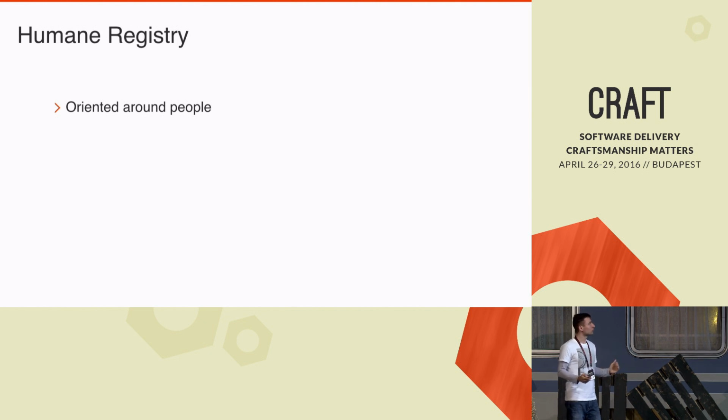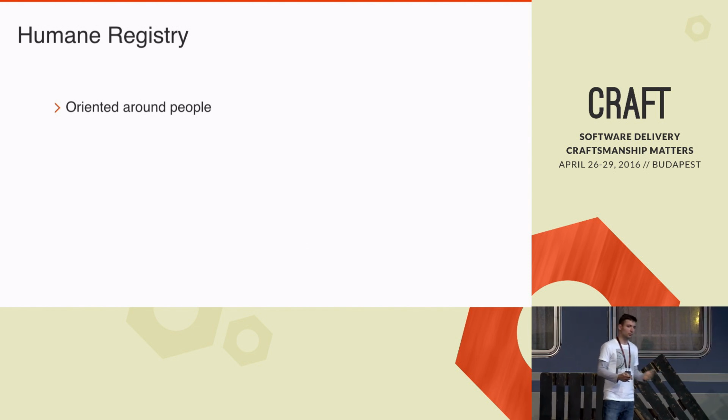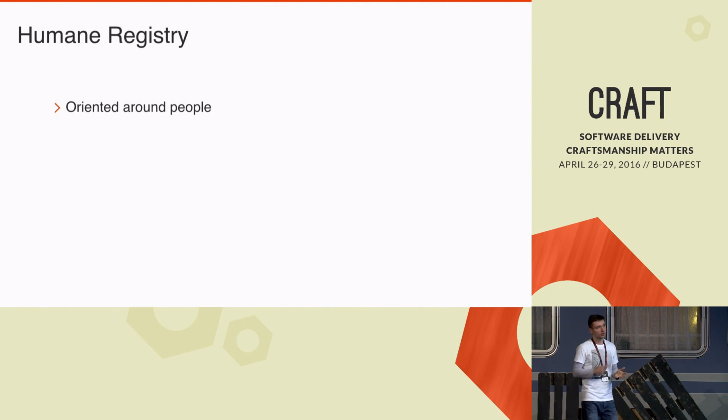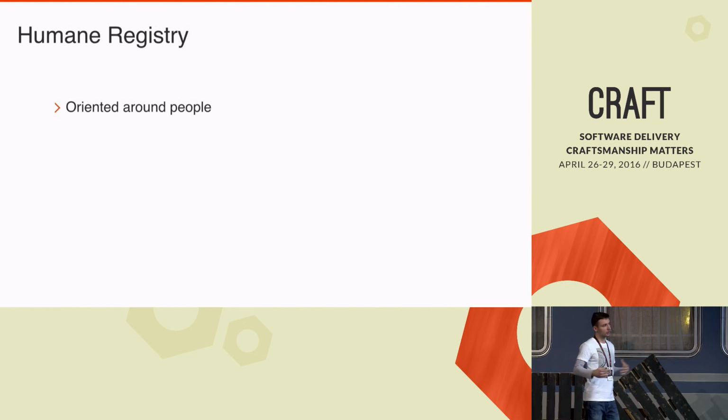First of all, it says that it should be oriented around people. What that means is that when we think about the questions that we ask about our microservices, we usually want to know who did the latest contribution, who did most of the contribution. That means who usually knows the overall implementation details around this code base.